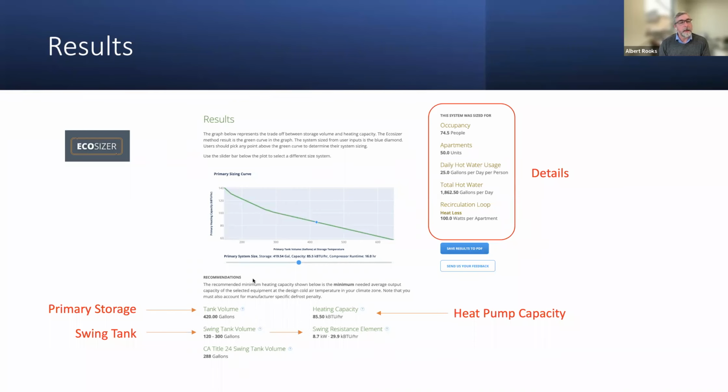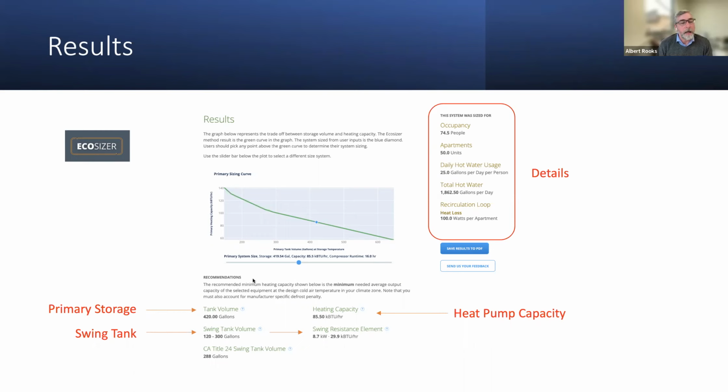So it's saying 420 gallons. See that blue dot below that? You can actually grab that blue dot and slide it. And if you look close at that screen, it says primary system storage 419.5, capacity 85.5 kBTU an hour.